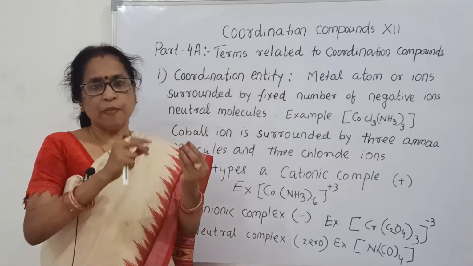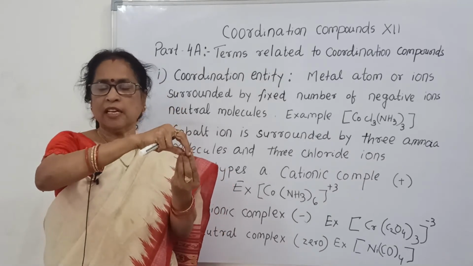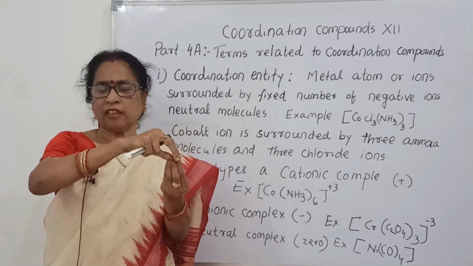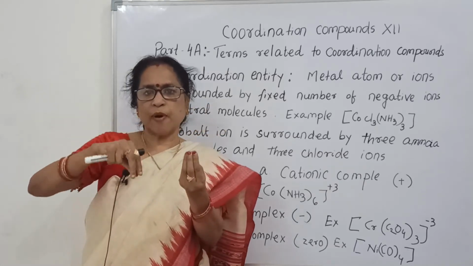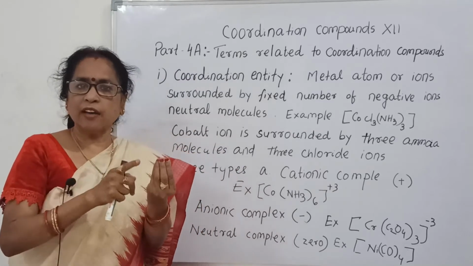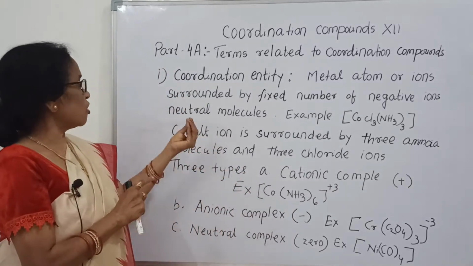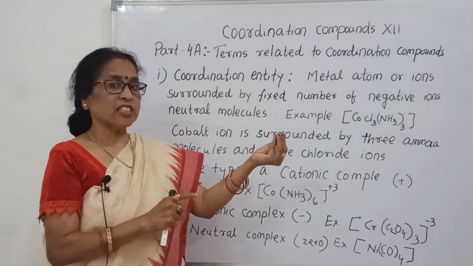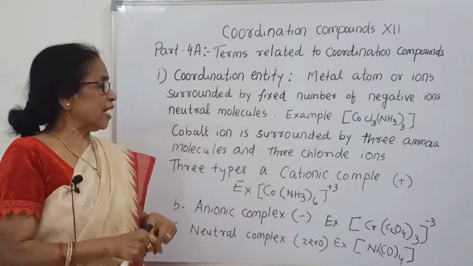The metal atom in the middle, the transition metal, is called the central metal. This metal or metal ion is surrounded by negative ions or molecules or both, and that is called the coordination entity, which is represented in square brackets.